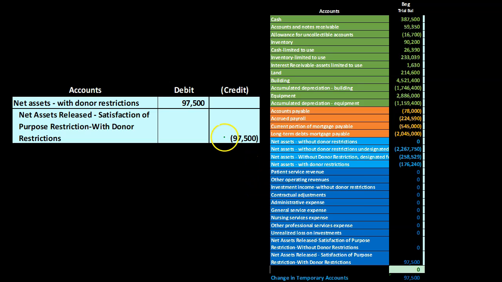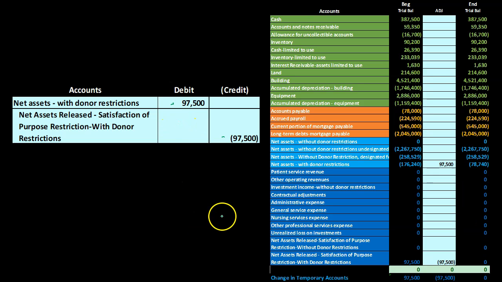We therefore are going to credit it to make it go down. The debit side then is going to go to the net assets with donor restrictions. So we'll post this out. We are then going to say that the net assets with donor restrictions has a credit balance in it. We will debit it to make it go down. Then we have the net assets released, which has a debit balance in it. We will credit it to make it go down.